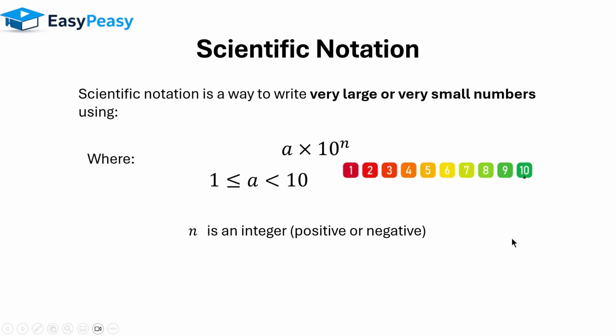It can be positive or negative, depending on whether we are writing a very large value or a very small number in scientific notation, respectively. The examples include 4.5 times 10 raised to power 6 and 3.2 times 10 raised to power minus 4.